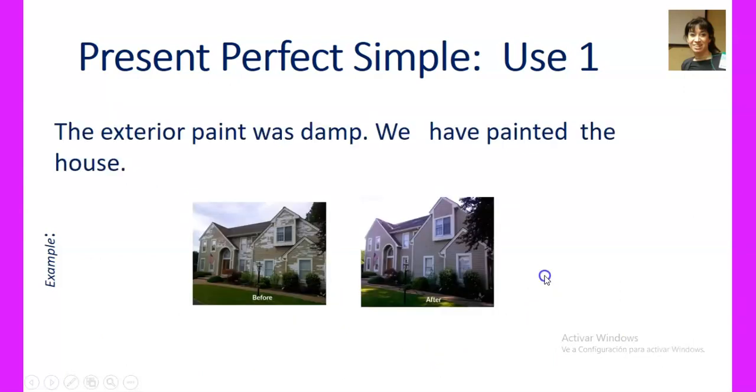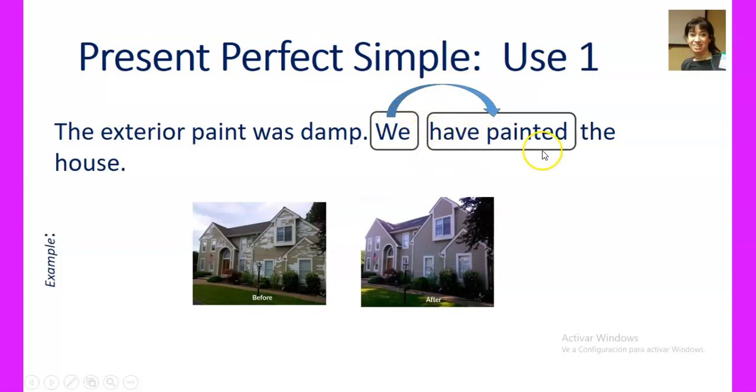Let's see what happens with another example. If we say the exterior paint was damp, we have painted the house. So in here we can see what it looked like, and here we have what it looks like now. Again, we as a consequence is our new subject, therefore the auxiliary is have.